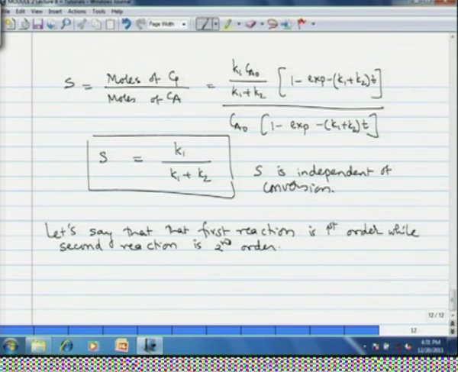We again start with the rate expressions. dCp by dt is equal to K1 into Ca. However, dCa by dt is now minus K1 into Ca minus K2 into Ca square, because second reaction is second order.